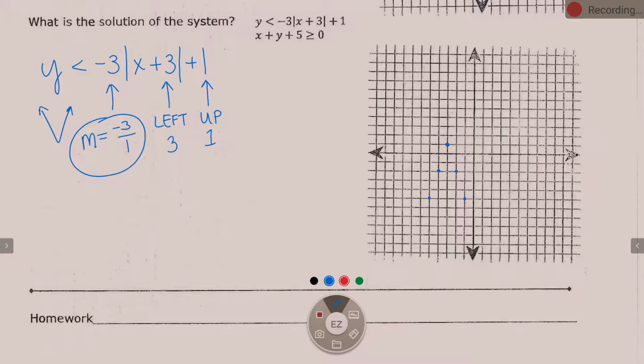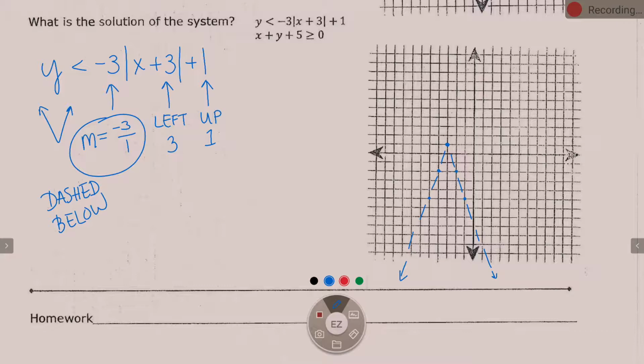Okay, what type of V is this? Solid or dashed? Ooh, it's a dashed one, huh? And are we going to shade above or below? Because it was less than, I'm going to shade below. Because it was not equal to, it's going to be a dashed V. My dashed V is looking something like this.